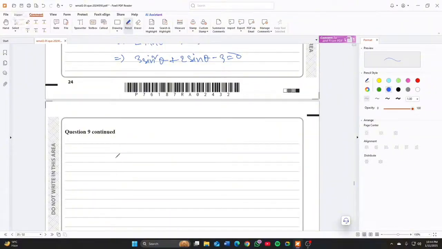quadratic formula, x equals minus b plus minus root over b square minus 4ac by 2a. So here b is 2, therefore minus 2 plus minus root over 2 squared, 4, minus 4 times a, which is 3, and c is minus 3, all divided by 2a, which is 6.